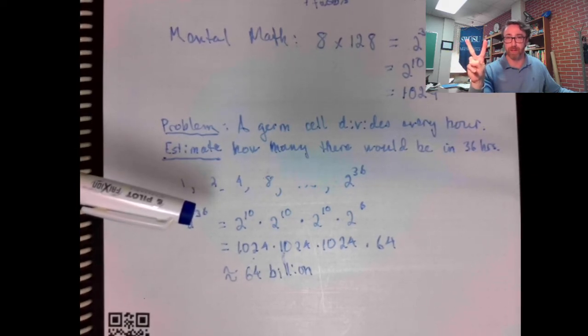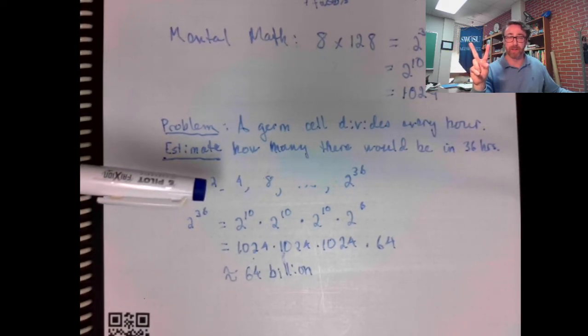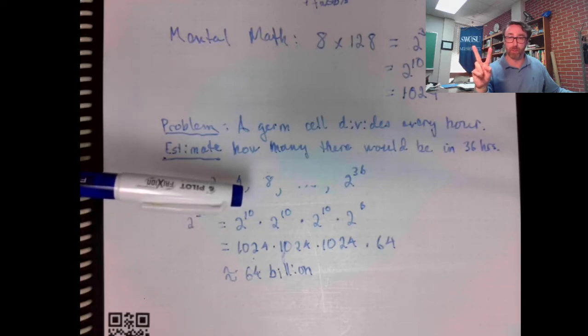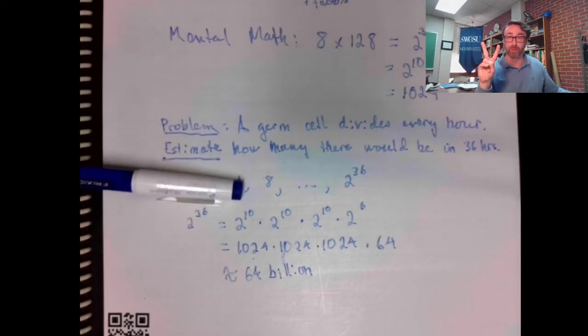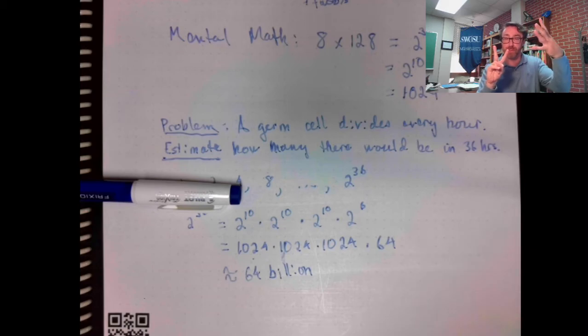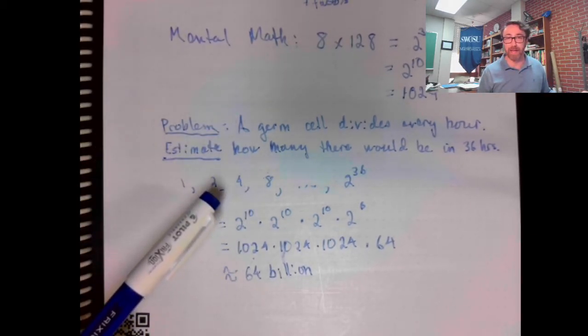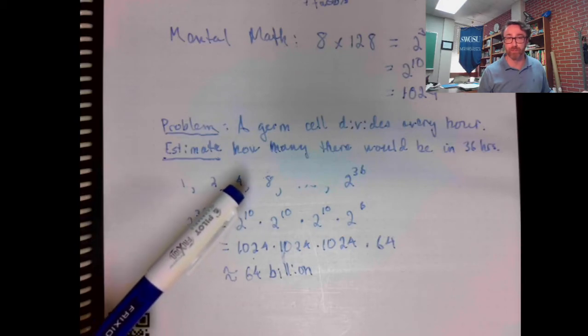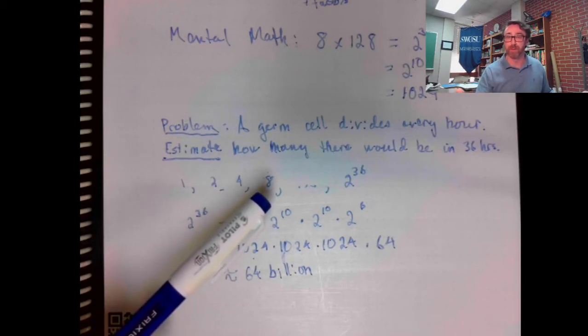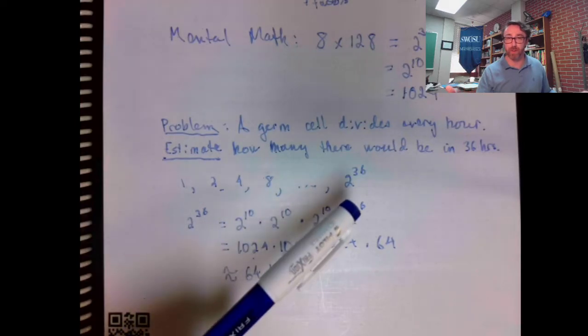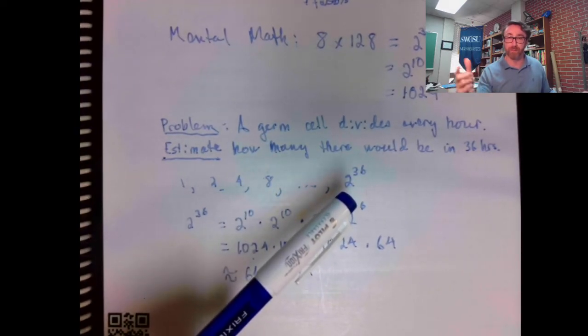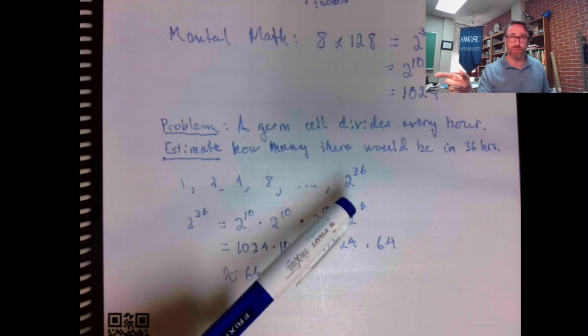Now there are 2 copies. And then after another hour we'll get 4, because we have 2, and then each of those divide, giving us double what we had an hour before. And then after 3 hours we'll have double that for 8, and so on. We're letting this happen for 36 hours, so we're going to have 2 to the 36.